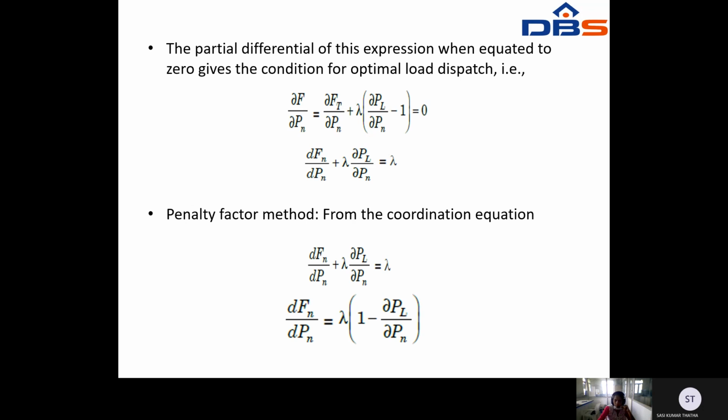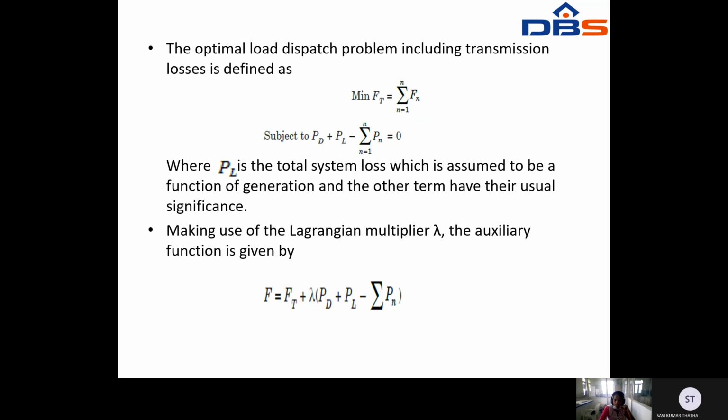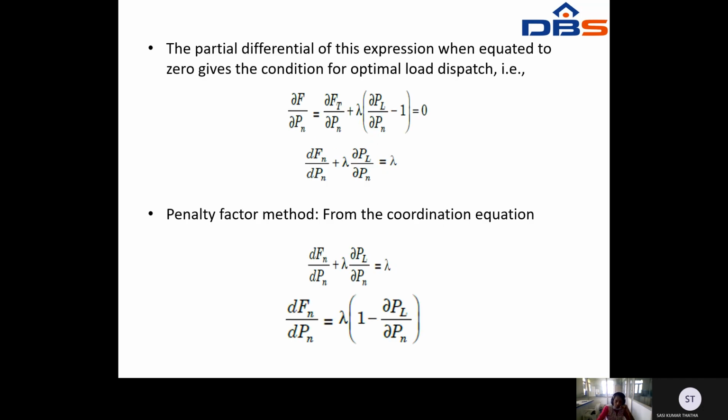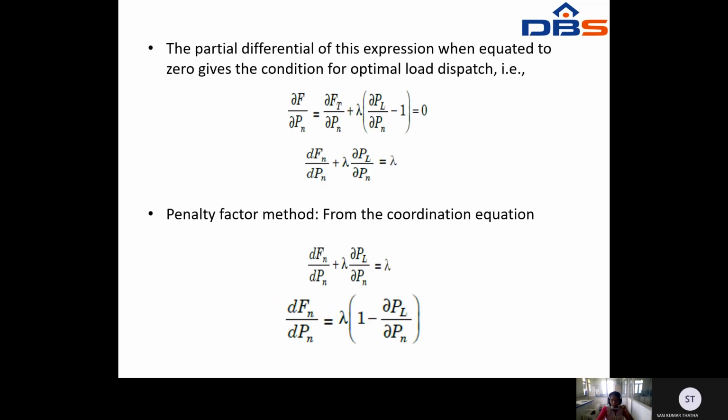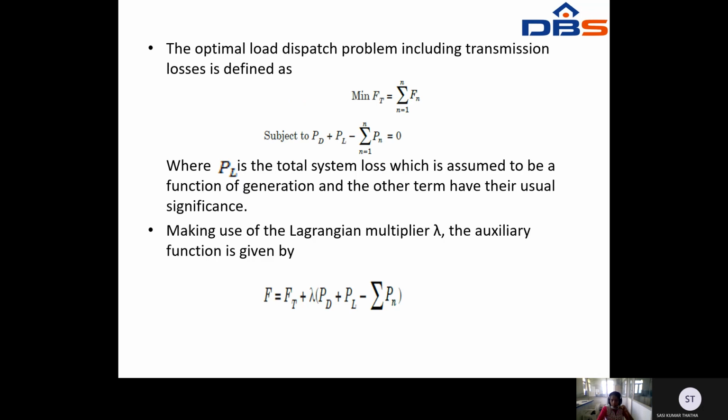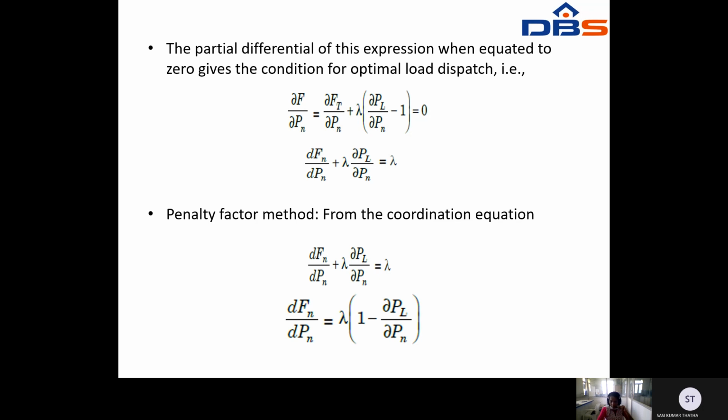The partial differentiation of this expression, when equated to 0, gives the condition of optimal load dispatch. So partially differentiating, dou F by dou Pn equals dou FT by dou Pn plus lambda into (dou PL by dou Pn minus 1), where dou Pn by dou Pn is 1, and equating to 0.